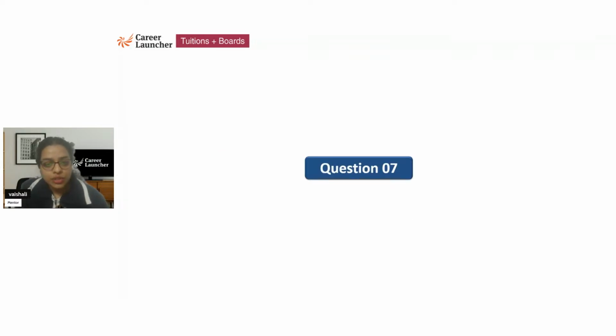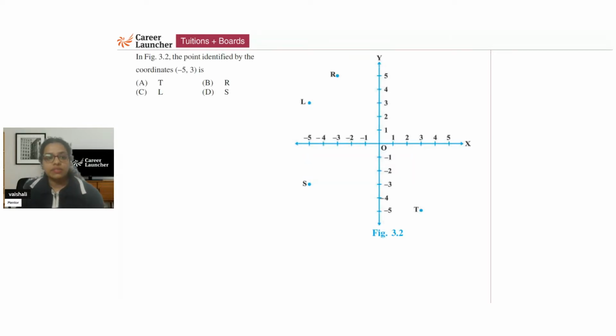Now let's move on to the next question, which is question number 7. In figure 3.2, the point identified by the coordinate. So we have (-5, 3). So if you see, -5 is somewhere over here. Just give me a second. You guys write your answers in the meantime. Yes.